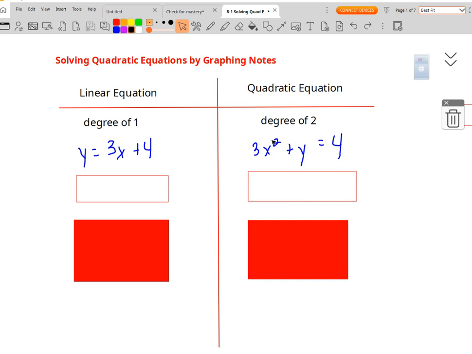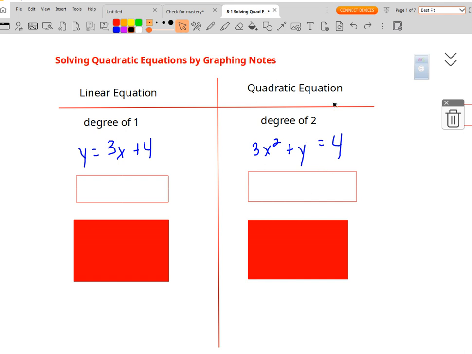So the degree of the x term here is 2, and here it is 1. So these have a degree of 1 and a degree of 2, right? Linear equation, this is y equals 3x plus 4; 3x squared plus y equals 4. They're not parallel things. They're not equal in any way, right? They just look similar. So I wanted you to see the difference in just how they look.